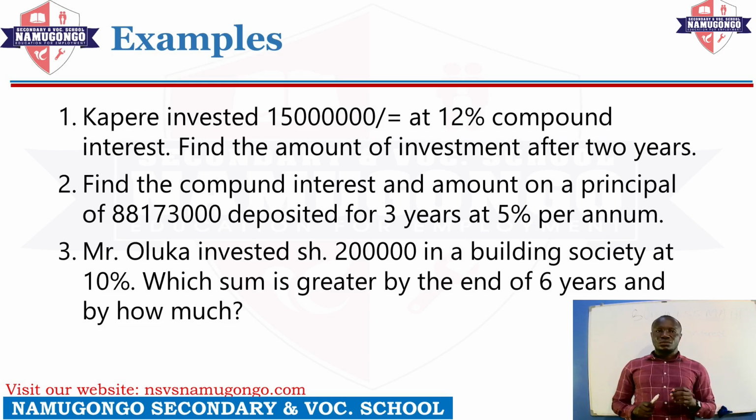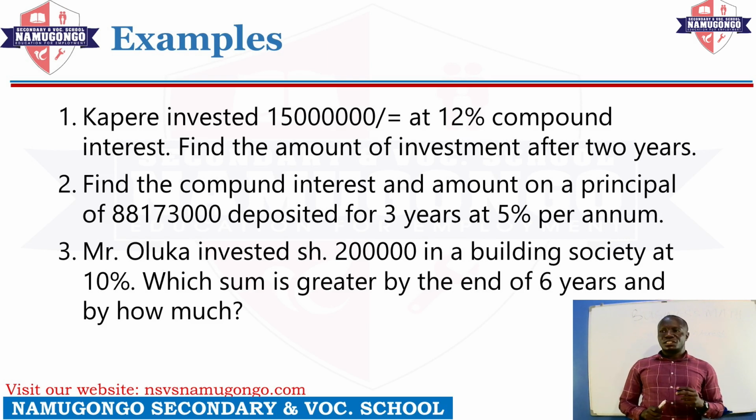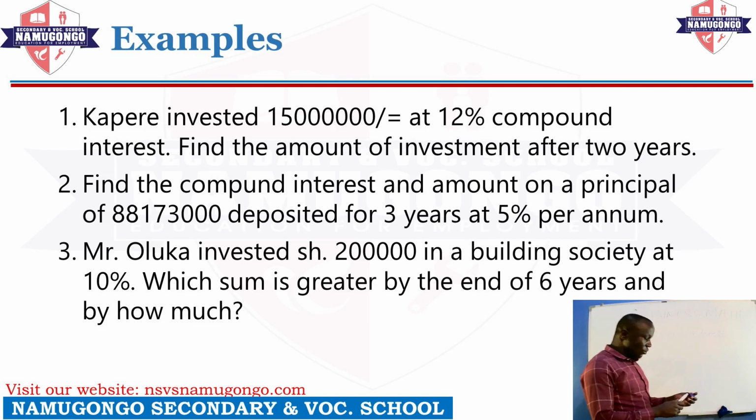So in that question, you need to identify the principal, identify the time, and identify the compound interest rate. So our principal is the 88,173,000. Then the time is 3 years. Then our compound interest rate is 5%.